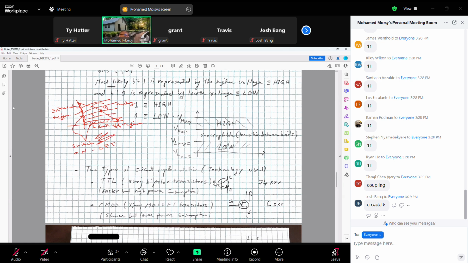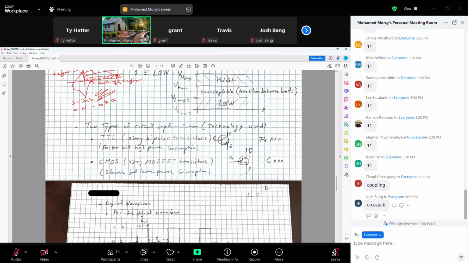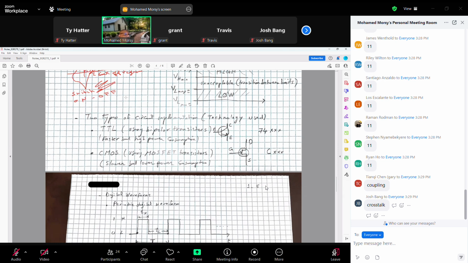The Q either lies in the active region for analog, or the biasing enforces the transistor to work between this point and this point, either in the cutoff to be off, so non-conduct, or on, so conduct. Okay, so this is just a reminder for how it works in active region, cutoff region or saturation region.